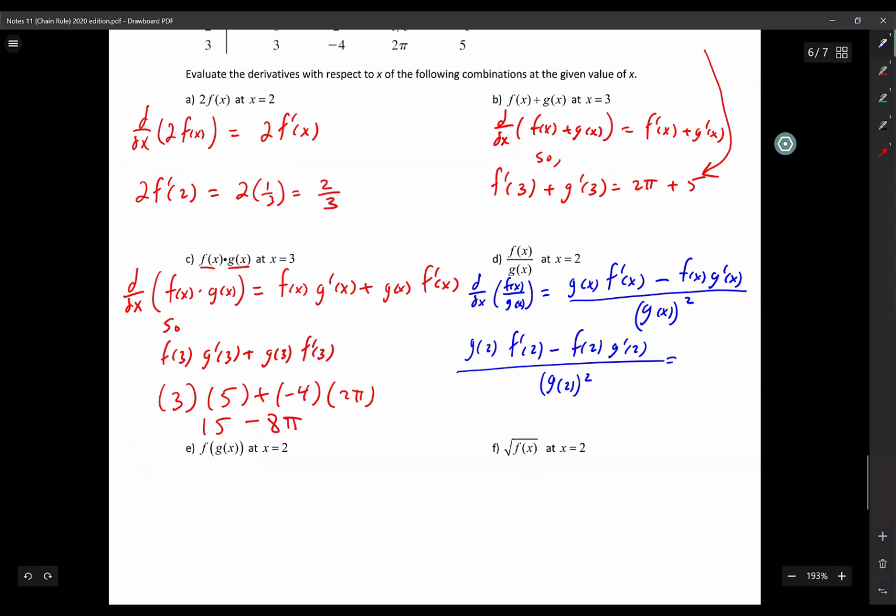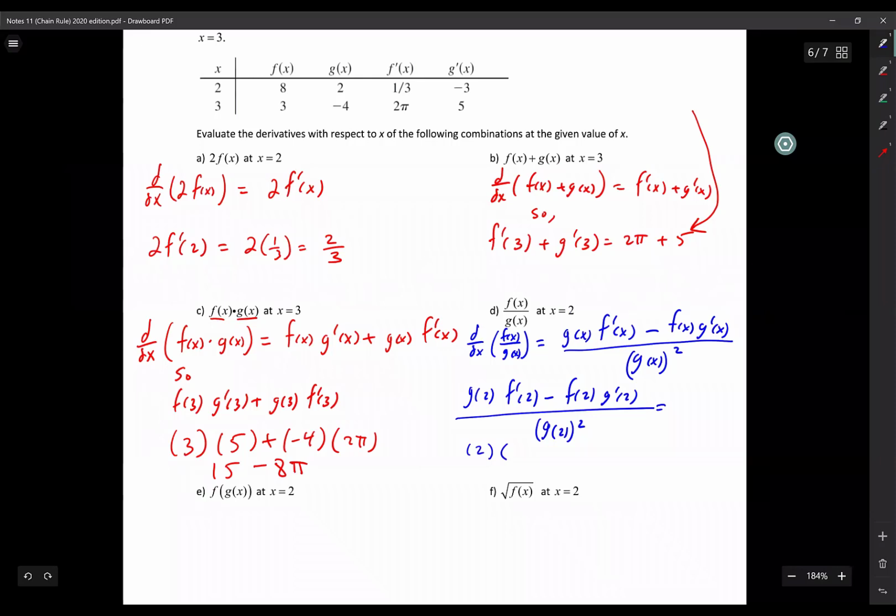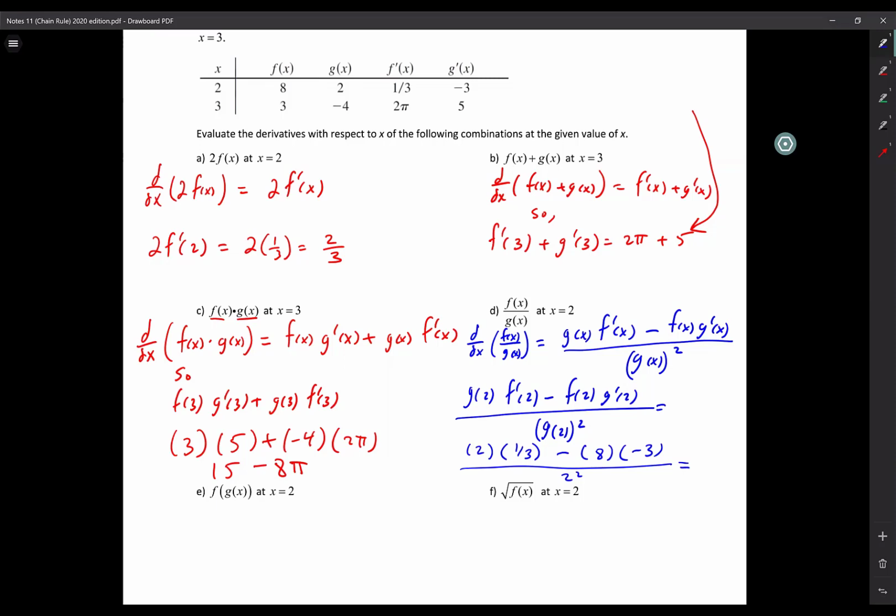So 2 times f prime of 2, which was 1/3, minus f of 2, which is 8. And then g prime of 2 is -3, all over g of 2, which is 2 squared. That's some number. I'm not going to simplify it. I'm going to leave it like that.